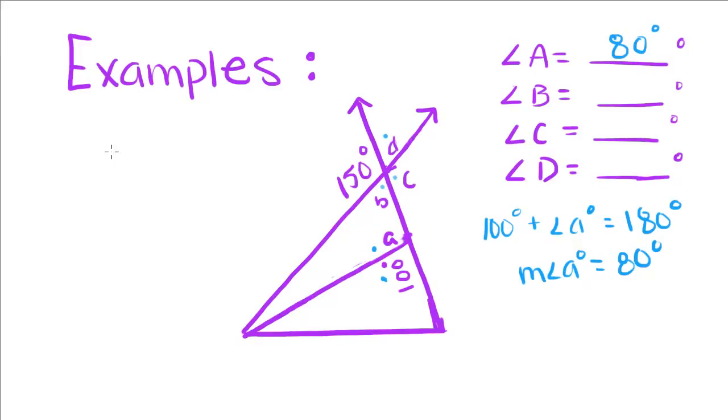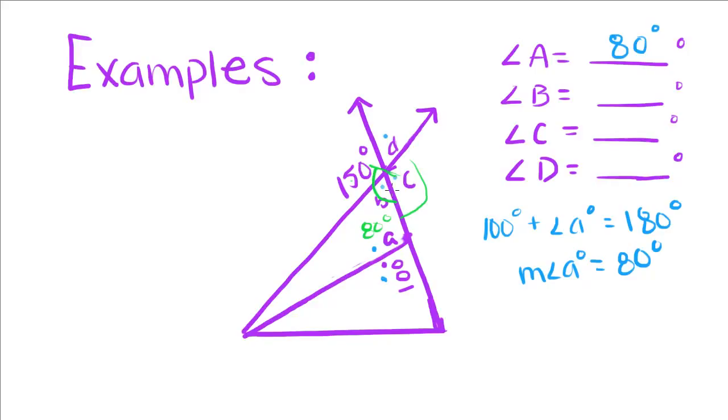So I'm going to fill this in so that we remember what this equals. So now I want to find the measure of angle C. We can do this two ways. We can set 150 plus B equal to 180 because these are supplementary angles. Or we could set 150 equal to C because these are vertical angles and then do the supplementary angles for this one.